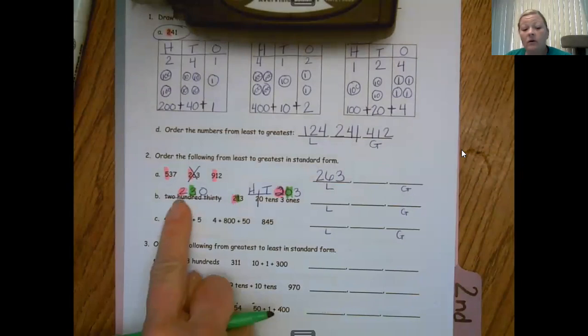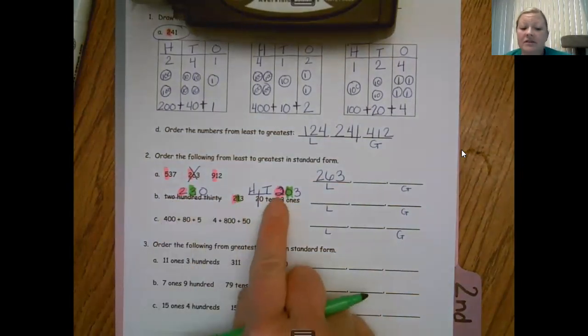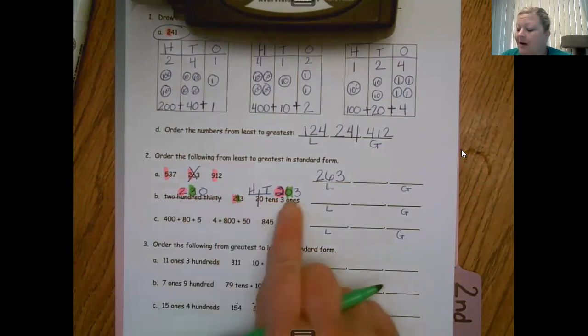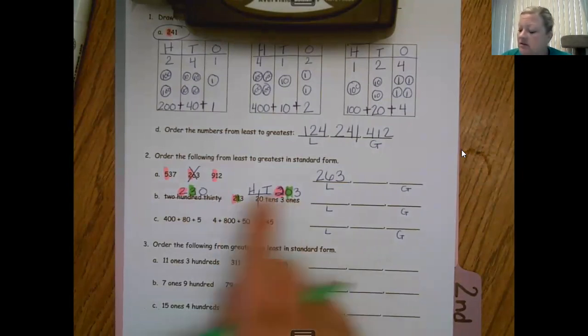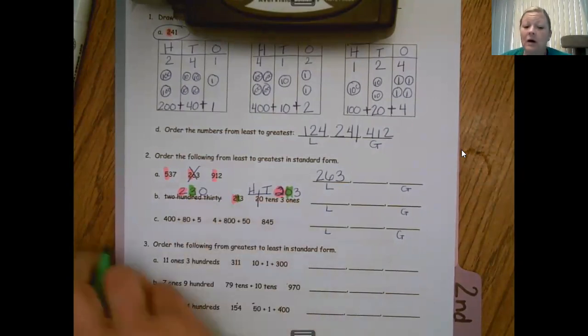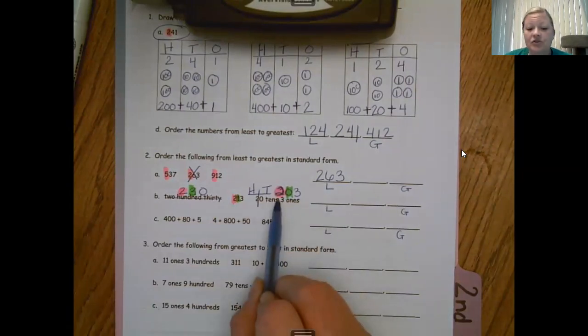Okay, so we know that our hundreds are all the same. They're 2. So we're not going to use that to find our answer. We're looking at the tens and we want the least, so the smallest number. So here we have a 3, we have a 1, and we have a 0. So 0 is smaller than 1, and it is smaller than 3. So our number that is the least or smallest is 203.